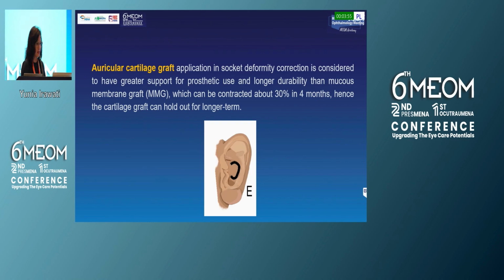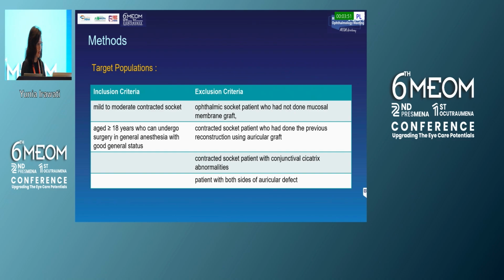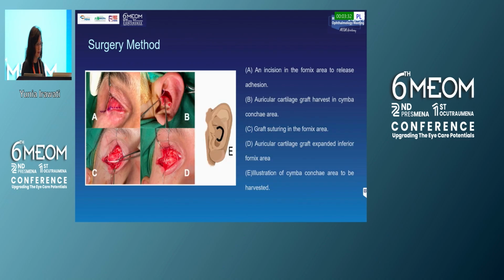Hence, the cartilage can hold out for the longer term. For the inclusion criteria, I use this technique in mild and moderate contracted sockets, in patients more than 18 years old and without previous surgery, and without auricular defect on either side.